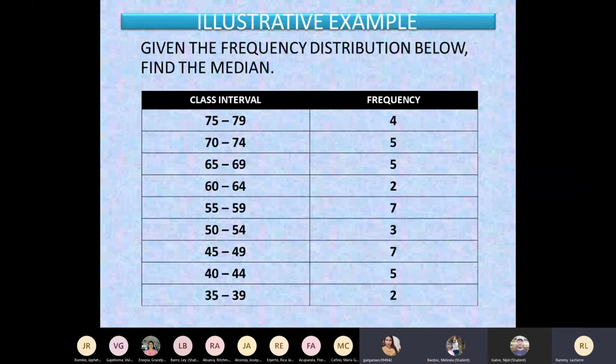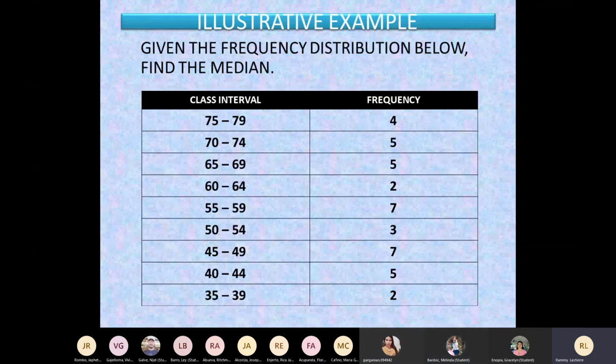Again, what is the value of capital N? 40, the population. Divided by 2 is 20. Meaning the median is at the 20th term, where you can determine the median class.